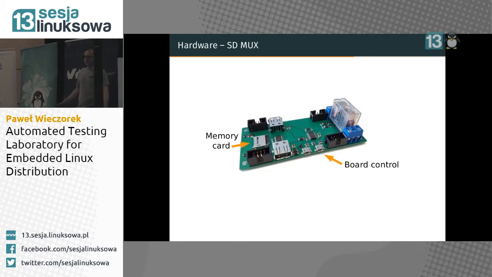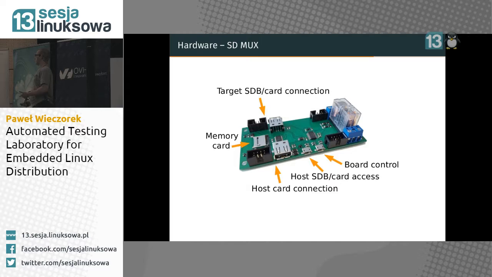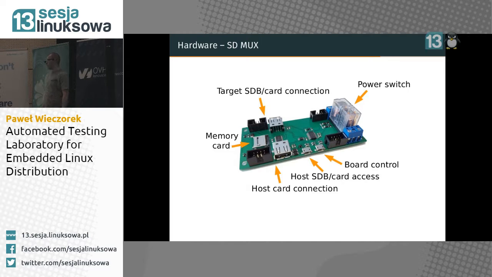As I said before, a target device can be connected to the multiplexed micro SD card, and also it can be connected to the Smart Debug Bridge from the host device. We also needed a way to reset devices for testing purposes, so we included a power switch, which cuts the power to the target device to test its restart.